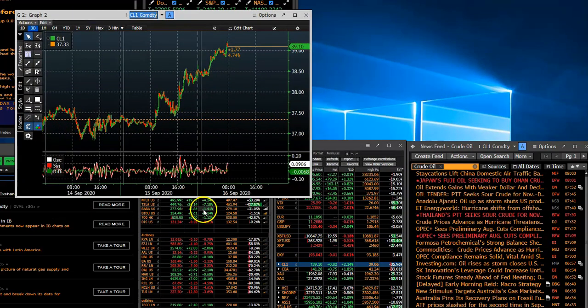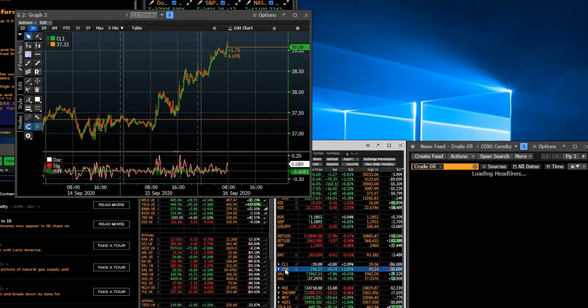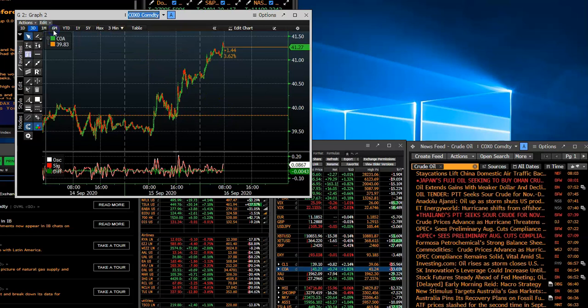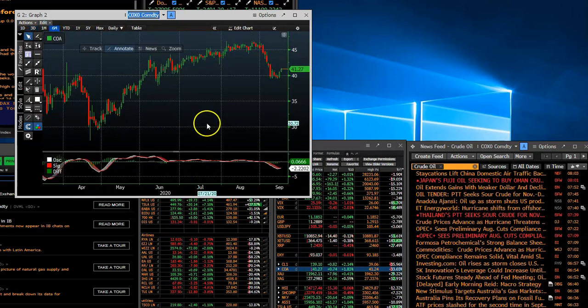As you can see, crude oil, ticker CL1, is up by 2% today, and Brent is up by 1.80%. We can see the Brent price has crossed above that critical level of 40. This is the 3-day chart, and the time frame is 3 minutes. And this is your daily chart.